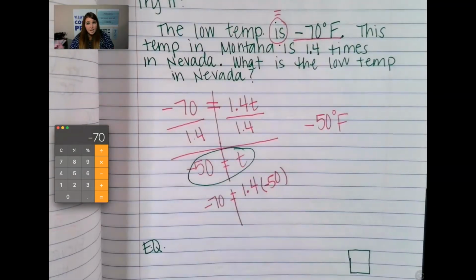Two, I understand how to get the information out, but I'm wondering about the negatives and the positives, and sometimes they're not right. Or three, I totally understand this. I'm able to write a word sentence into a number sentence. I can then solve it by doing the opposite, and my answer makes sense. So where are you at?